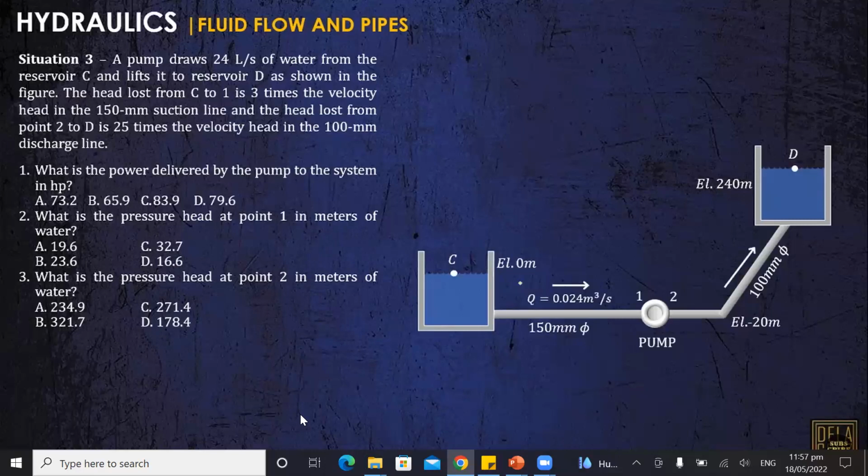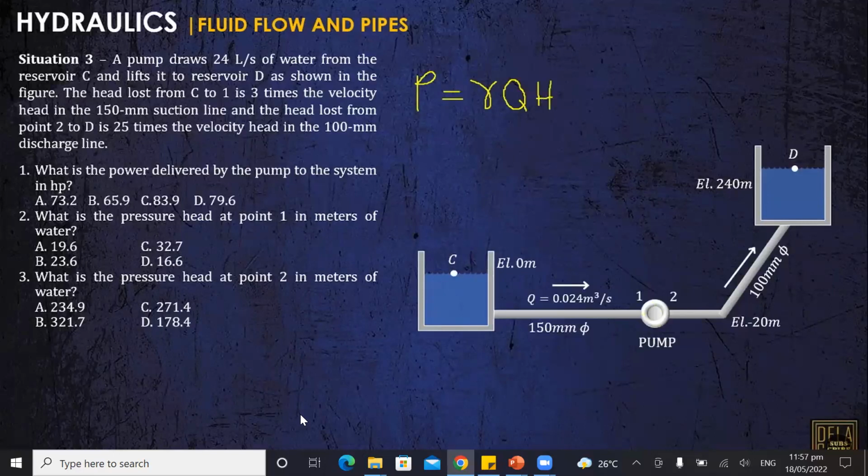Now, to calculate the value of the power of the pump, we need to calculate the head added of the pump because power, hindi ko pala to napakita, no? Power is equal to unit weight times the discharge, or just the weight flow. Ito yung weight flow, but i-multiply pa natin siya by the head here.